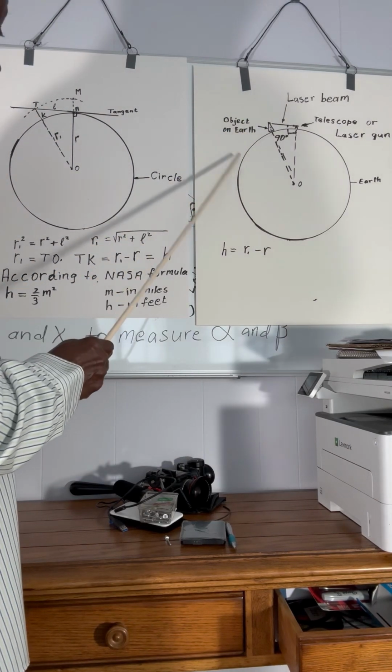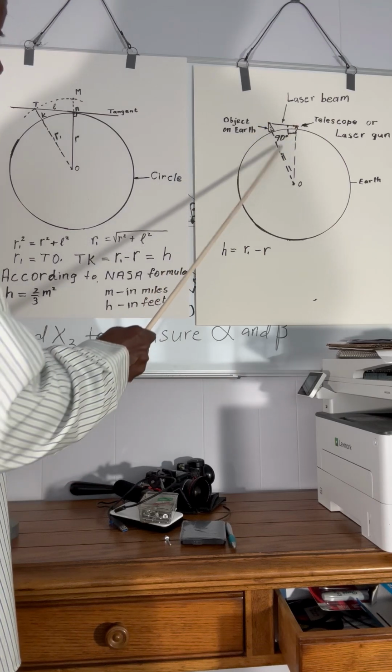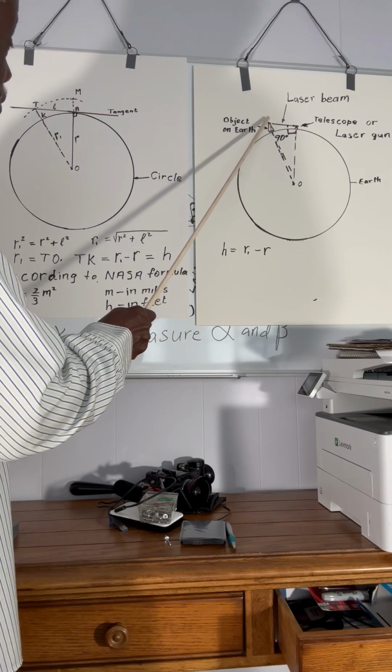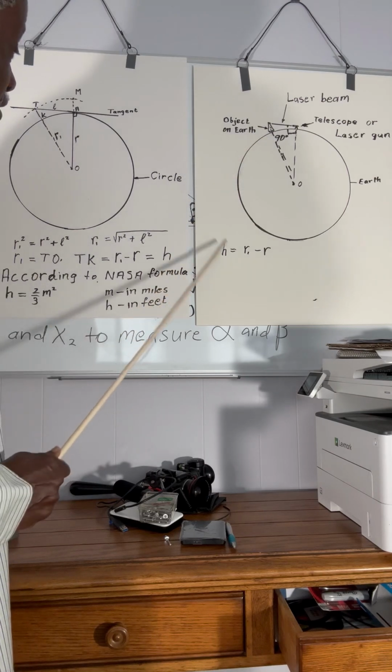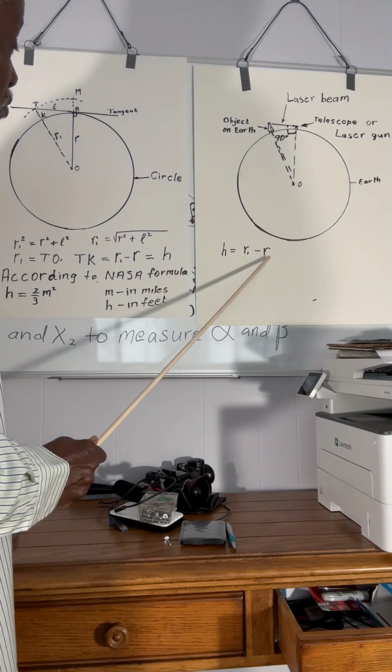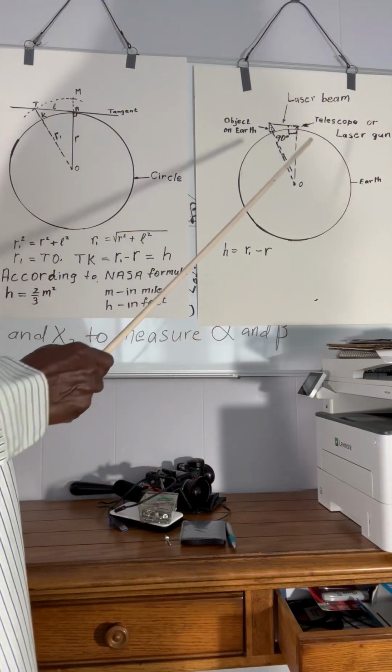And as you can see, H is how much an object will drop below the horizon. This is H, it's R1 minus R2. This is the circle of the Earth.